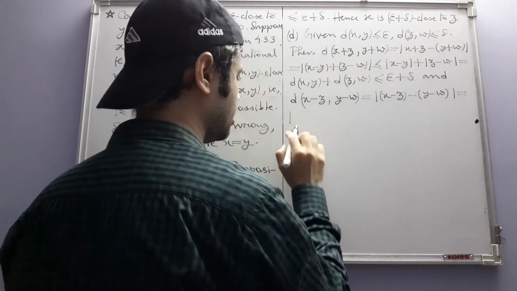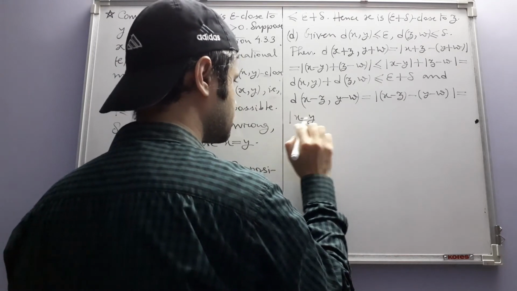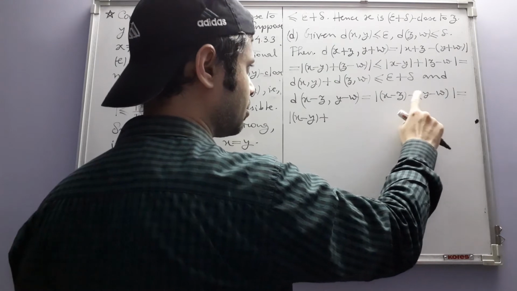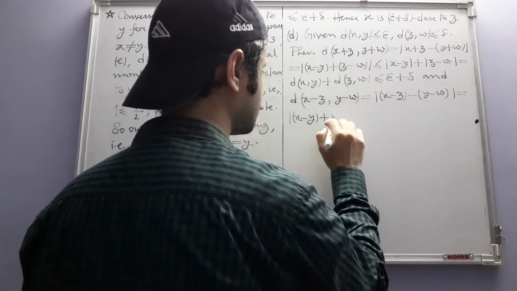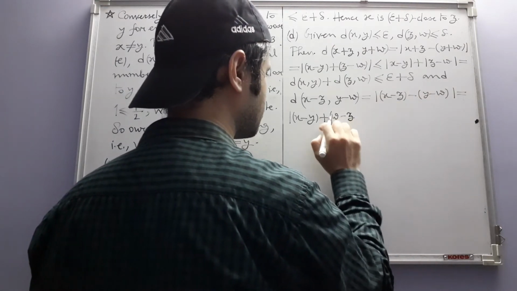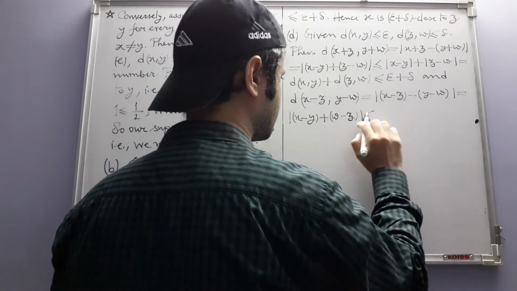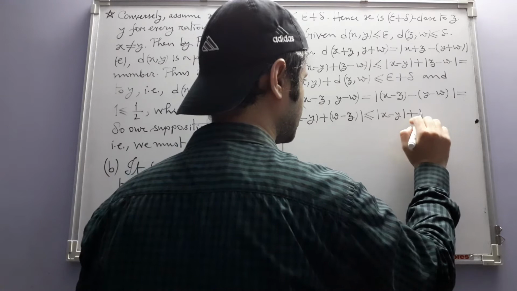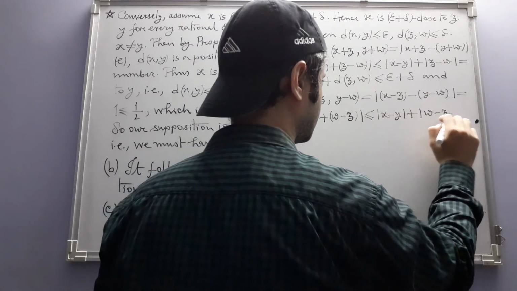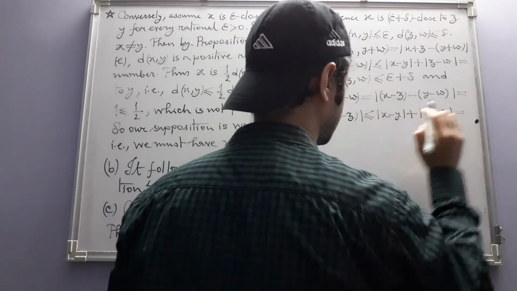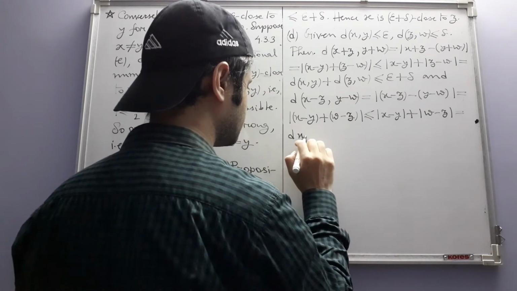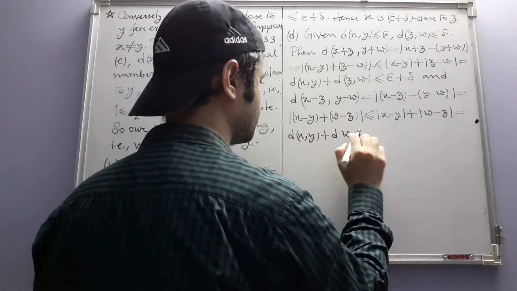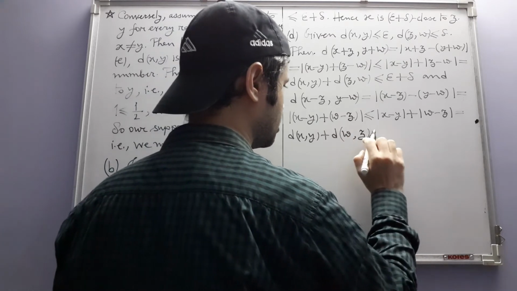It can be written as x minus y plus w minus z, less than or equal to x minus y plus w minus z, which is d of x comma y plus d of w comma z.